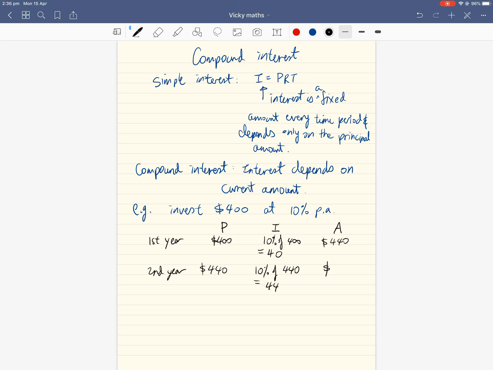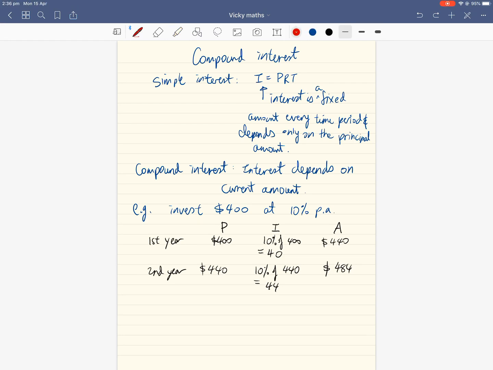So the total amount that we get at the end of year 2 is $484, adding the principal and the interest. So with compound interest, the amount of interest changes every year and depends on what amount you started off with. That's the difference between simple and compound interest. Simple interest is a fixed interest amount, whereas with compound interest, the interest amount changes.